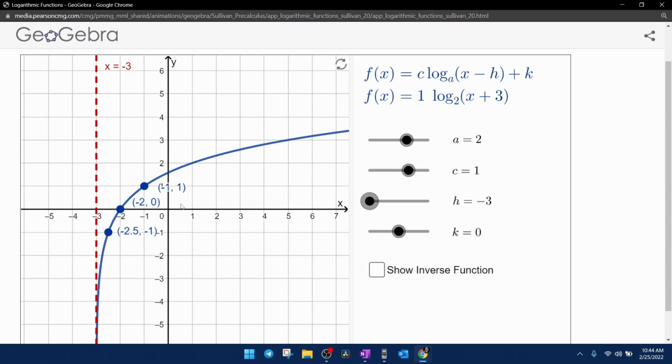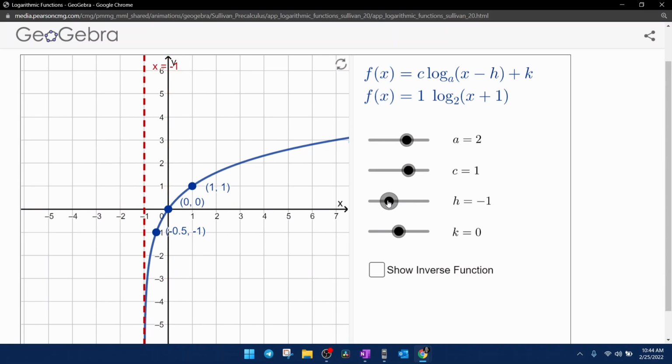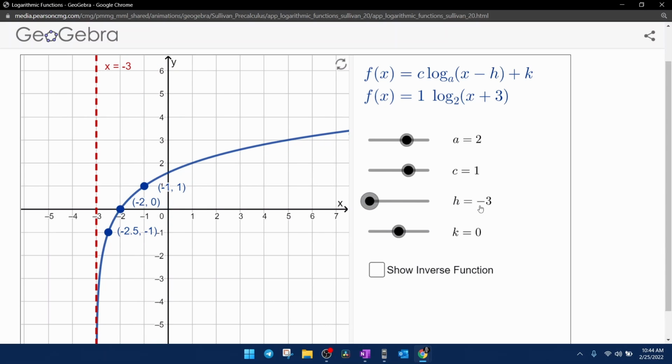If you remember back when we talked about graphing transformations, we know that the number directly attached to the x would be a horizontal shift, and we said that plus is left, minus is right. So you can see from 0, as H becomes positive, remember we're plugging in and the two negatives make a plus, it is causing a shift to the left, a horizontal shift left.